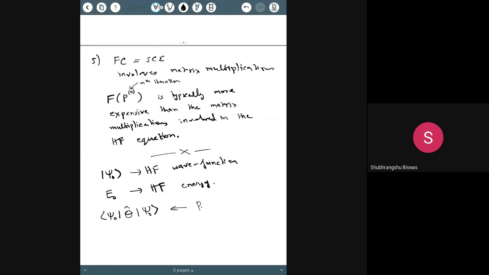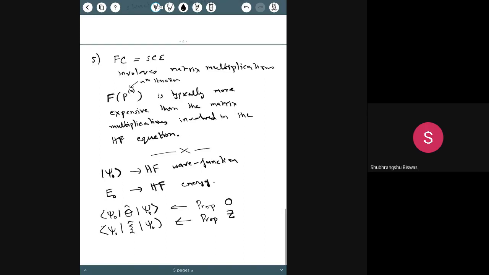Say property O. And if I take, let's see, zeta, some other operator, I will get another property, let's say Z. The different properties will be obtained by taking expectation values of different operators.